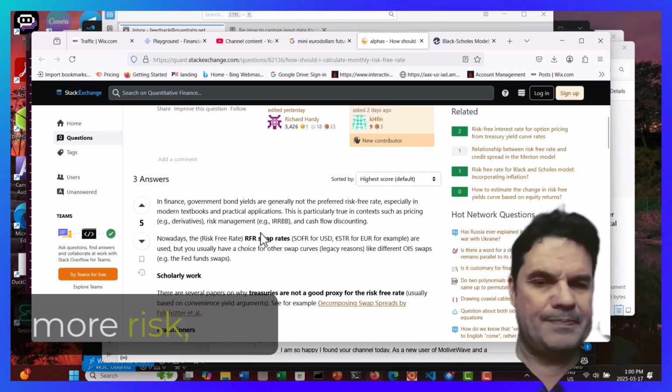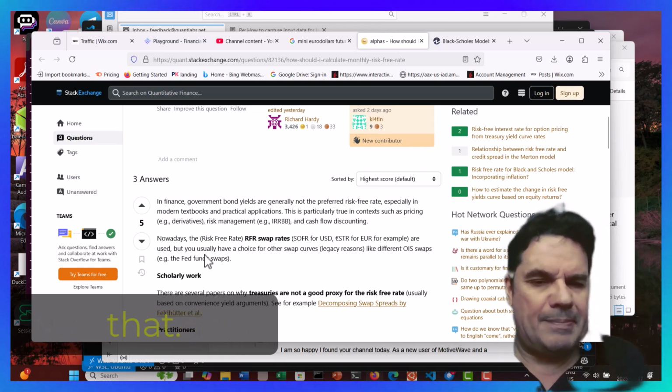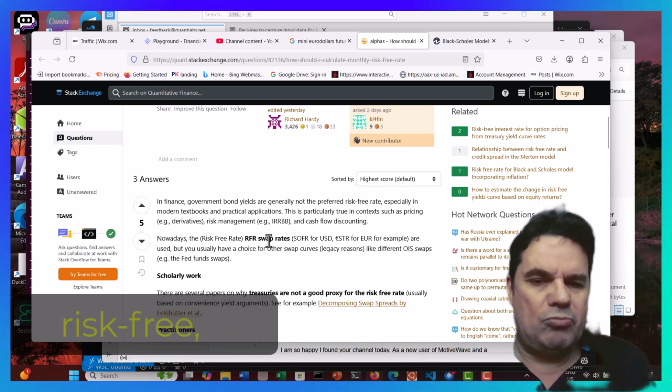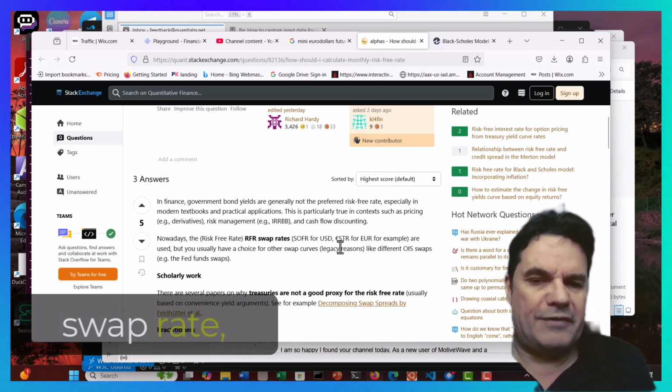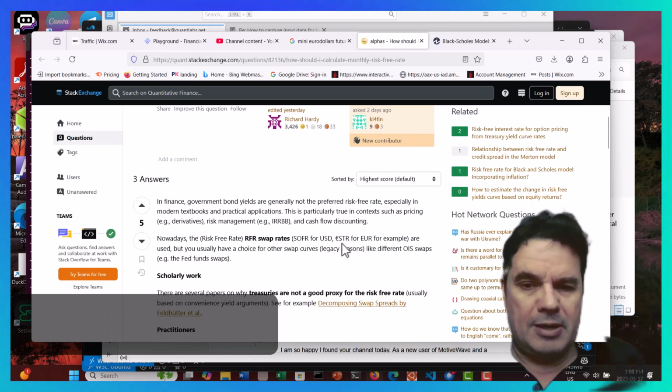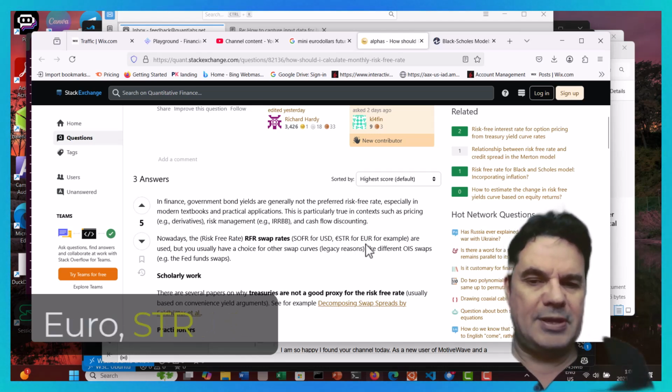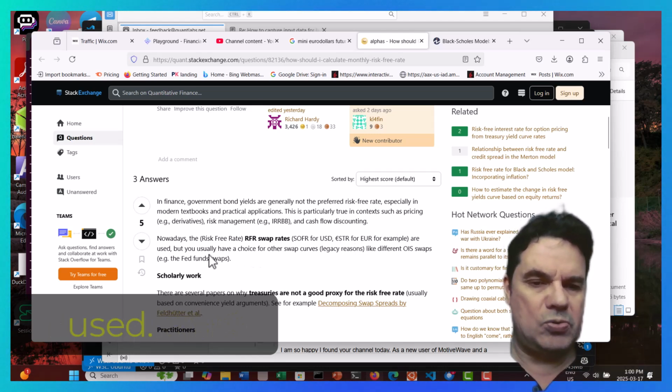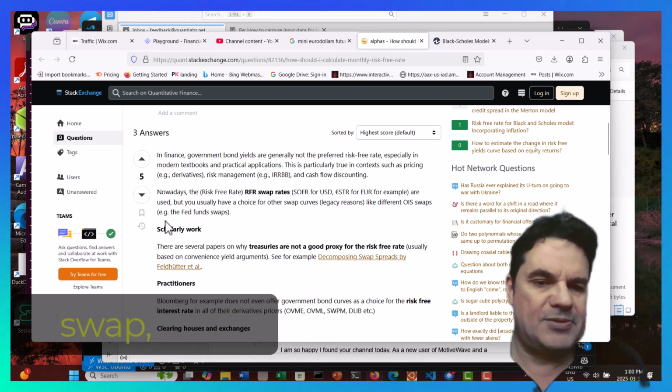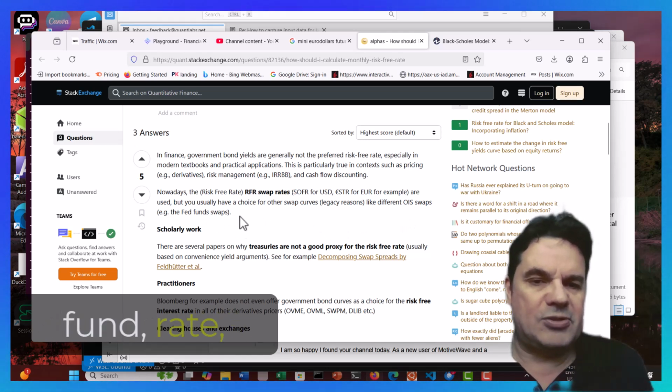So there's more risk, just to remember that. Nowadays, risk-free swap rates, SOFR for US, ESTR for Euro, for example, are used, but you usually have a choice for other swap curves, for legacy reasons, like different OIS swaps, Fed funds rate swaps.